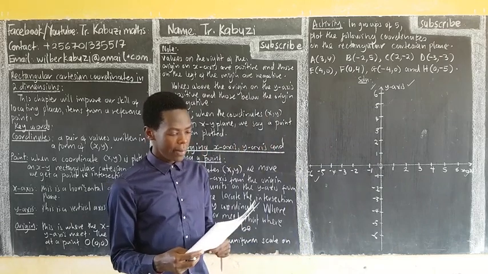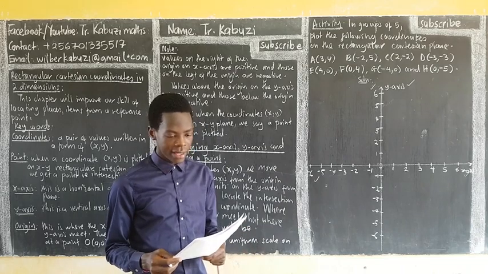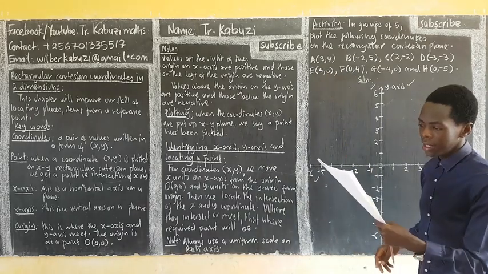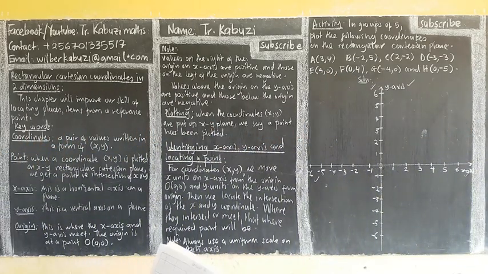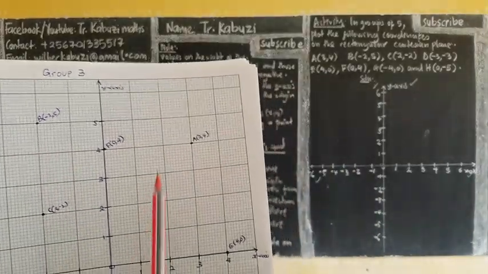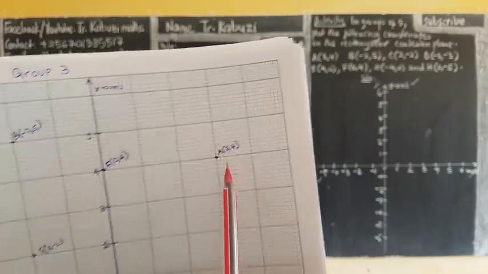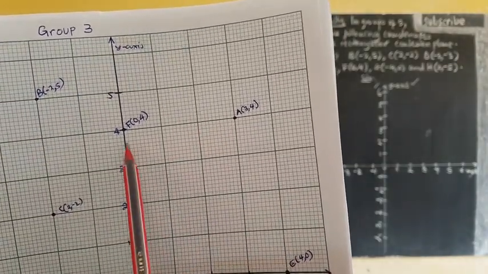Okay, now they started with point A. Here they are having A as 3, 4. This is the 3, and then this is the 4.